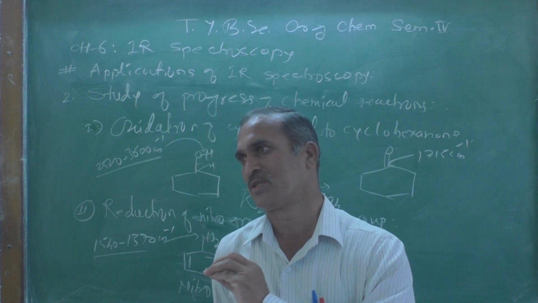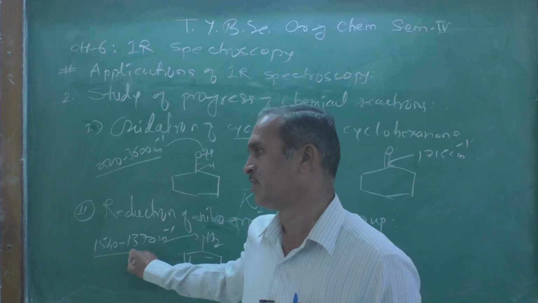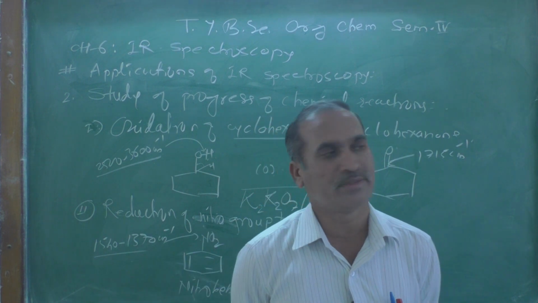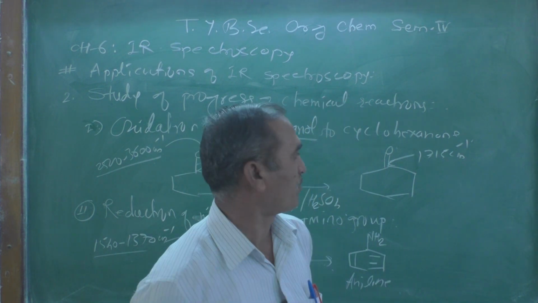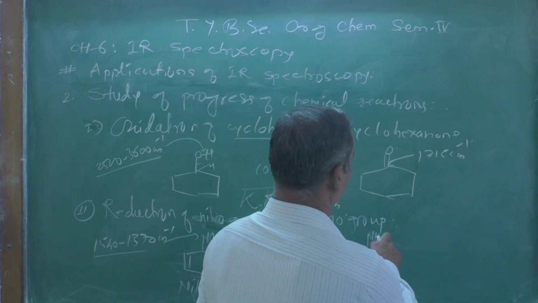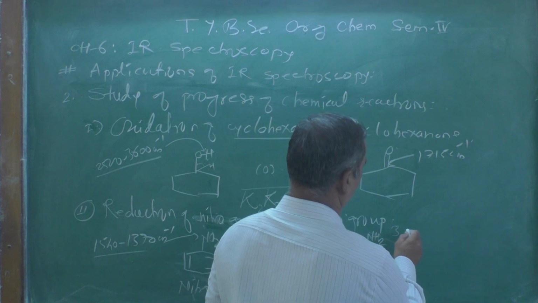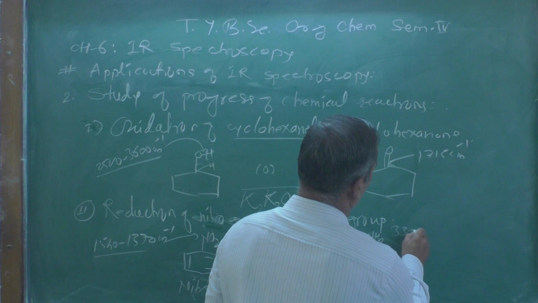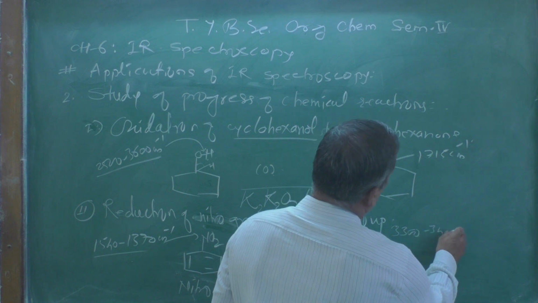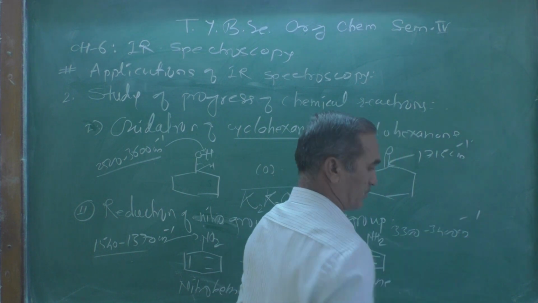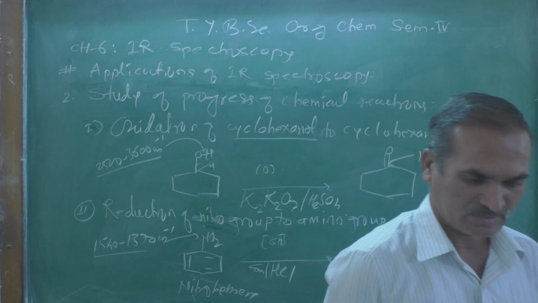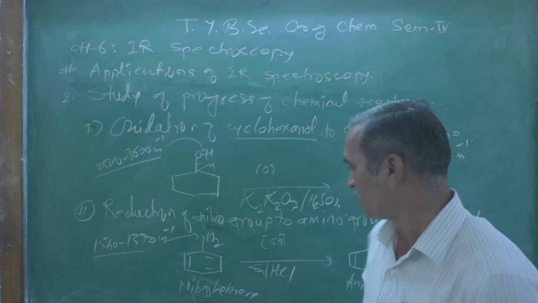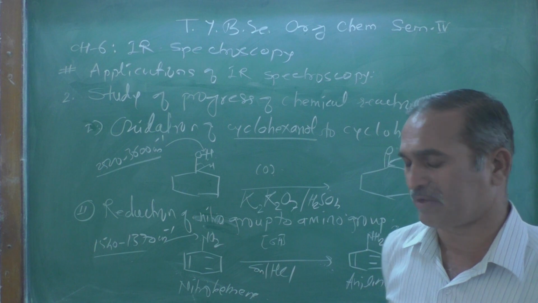one is due to the initial reactant and a new band appears around 3300 to 3400 per centimeter due to the NH stretching frequency.